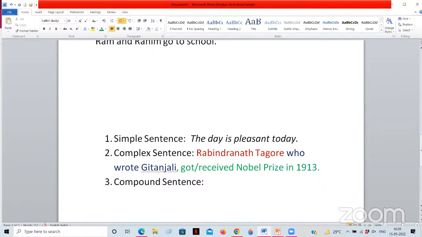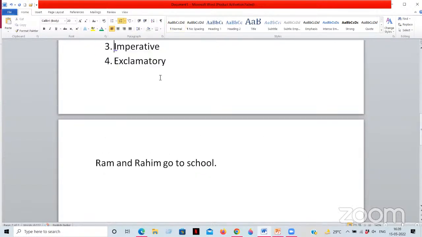In compound sentences, we use linking words like and, but, or, if. So if you will come, I will go. Like Ram and Rahim, both of them are doing the same action, so why do we have to write it again and again? In order to erase that kind of extra description, we can put it into complex and compound sentence.